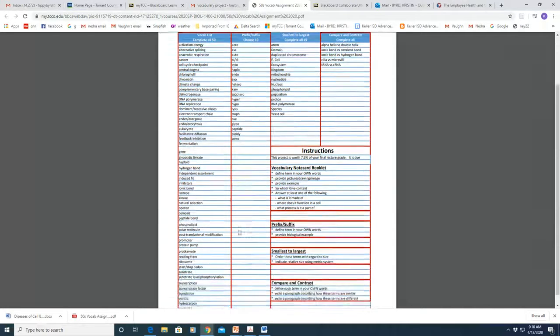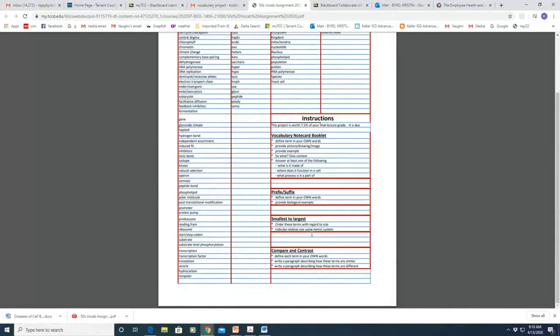In terms of the smallest to largest, I know I said indicate relative size using the metric system, and then I have things like ecosystem on there that you can't really measure with a metric system. So in those cases, you can use an example to show why you ordered them the way you did. So for example, you might say that your population's a herd of elephants in wherever, Africa, right?